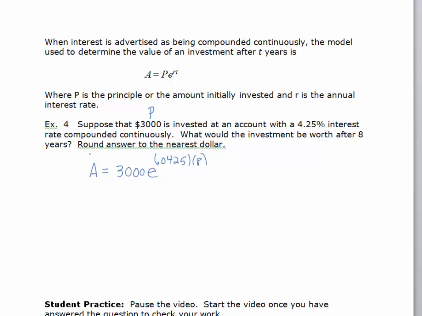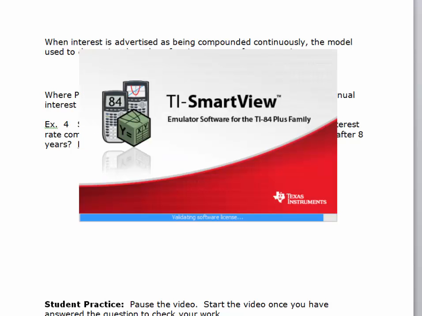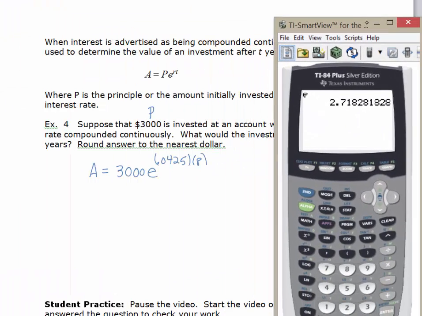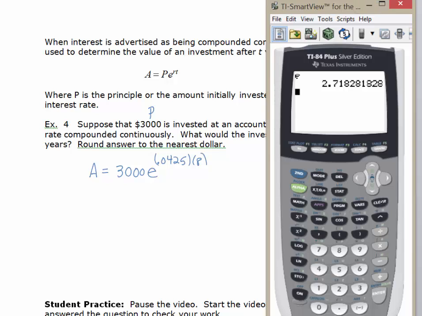What we're going to do is evaluate this in our calculator. So we'll do 3,000. Now there are two e buttons. There is an e that is above the division symbol, and that's just a plain old e. And then there is an e to the x, which is above the natural log button, ln, which we'll discover later.